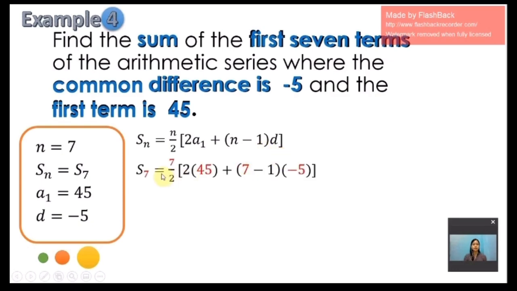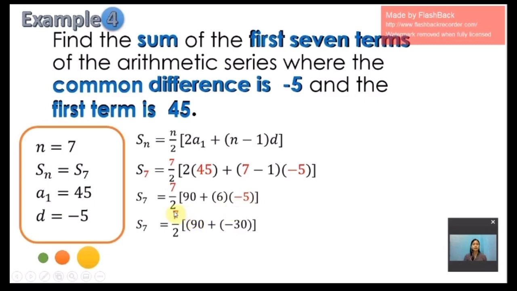Substituting the given values, we have S sub 7 is equal to 7 over 2 times the quantity of 2 times 45 plus the quantity 7 minus 1 times negative 5. So we will have 7 over 2 times 2 times 45 is 90 plus 6 times negative 5.